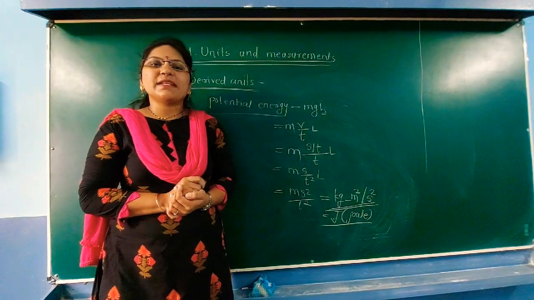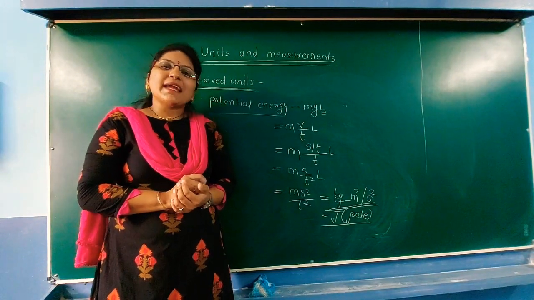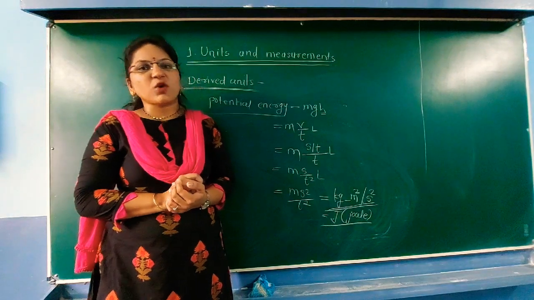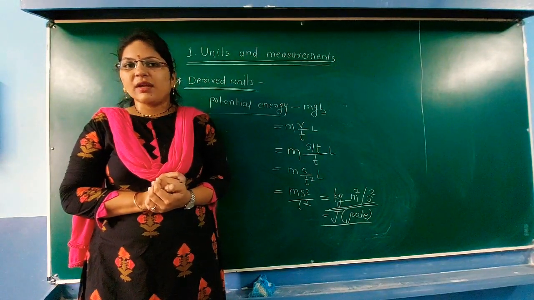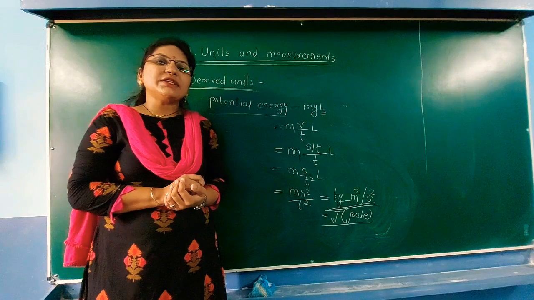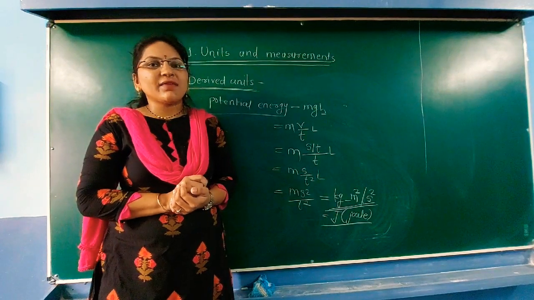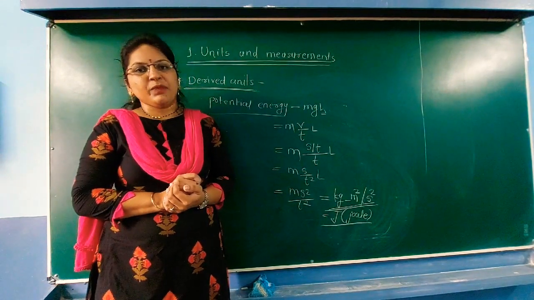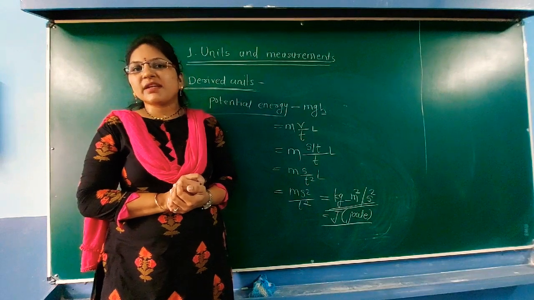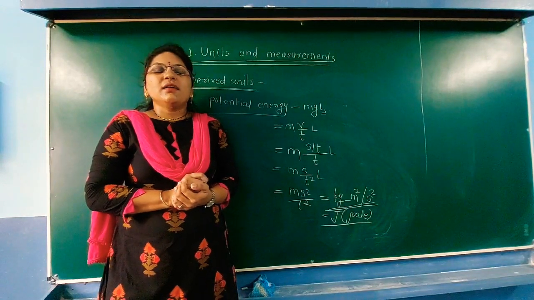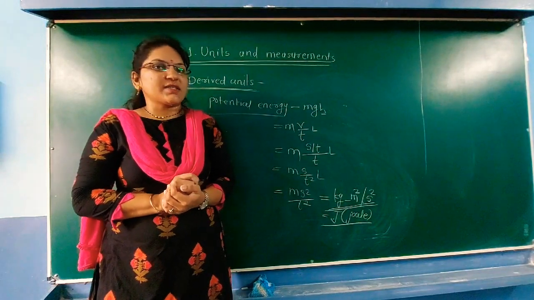These are supplementary quantities. Plane angle is two-dimensional, solid angle is three-dimensional. Plane angle has SI unit radian, solid angle has SI unit steradian. So radian and steradian are supplementary units.